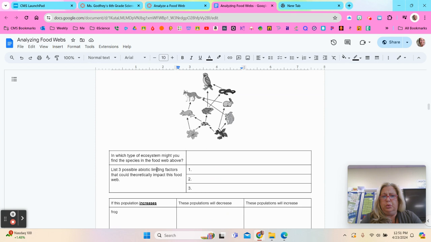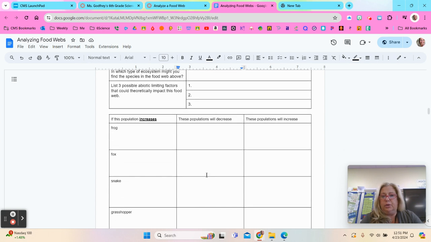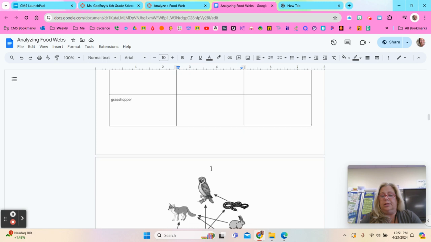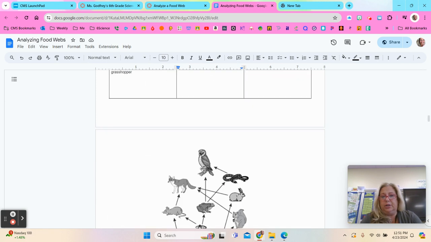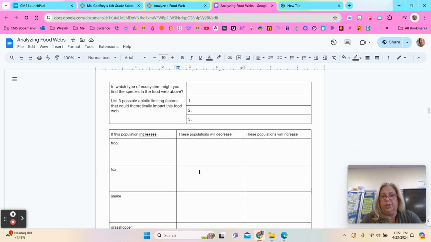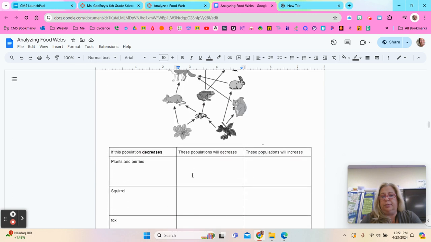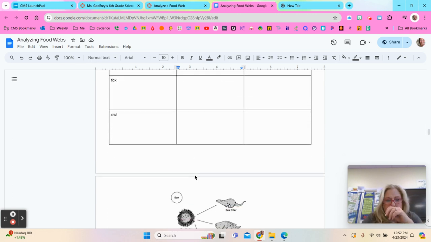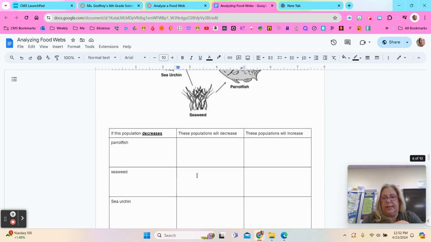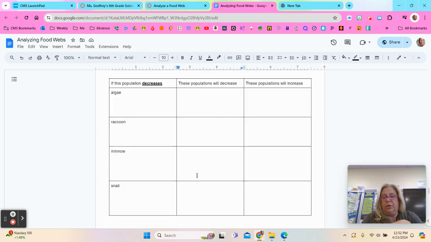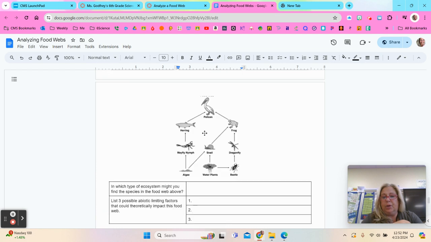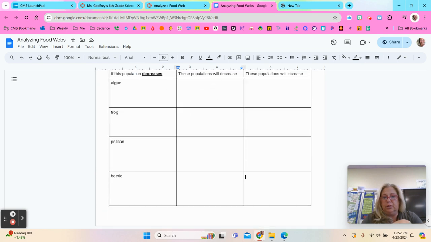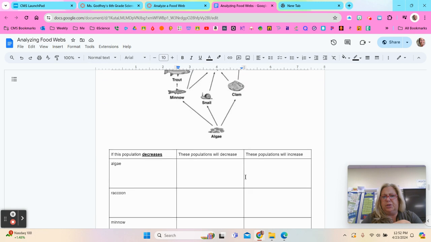Then you have a totally new one here where you have to tell which type of ecosystem you might find these species in, and 3 possible abiotic limiting factors, and then you're going to analyze the food web, tell what would increase and decrease if these populations increase, and what would increase and decrease if these populations decrease. So it's tricky. And then you've got a third set. I actually got fourth. So you're going to be super busy today, and your job is to get as much done as you can. You've got actually several different sets to work through, but you've got a long class period too.